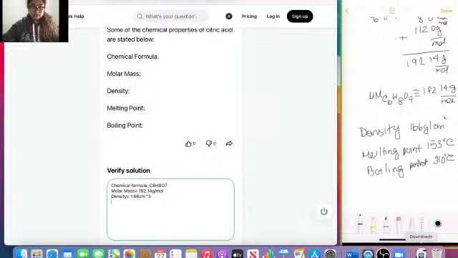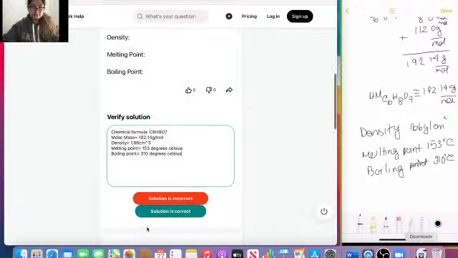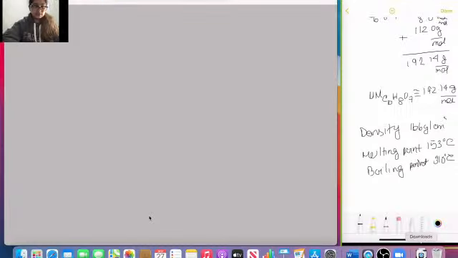Okay, and then the melting point is equal to 153 degrees Celsius. Boiling point is equal to 310 degrees Celsius. Okay, and so this is the answer.